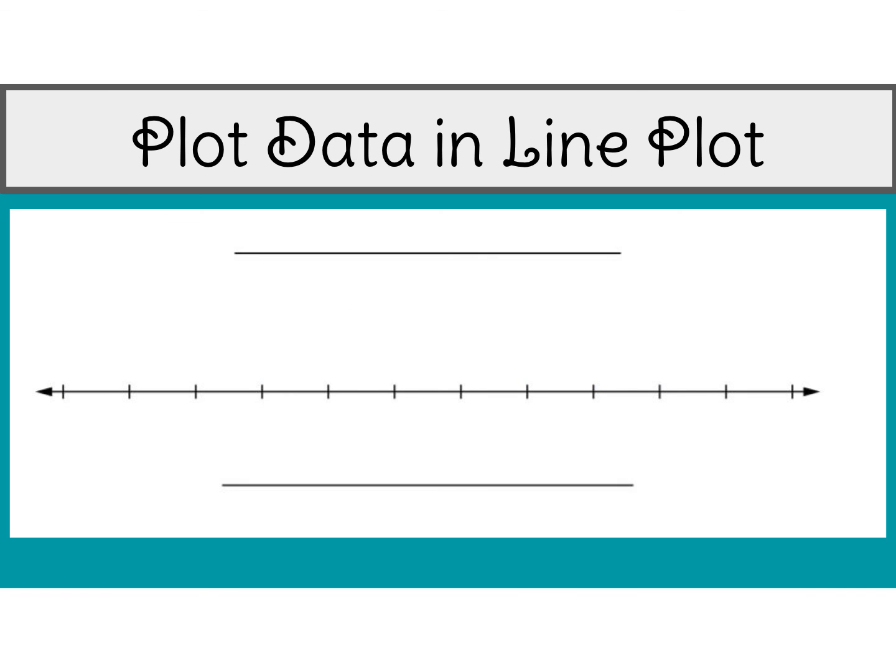So some reminders when working with line plots. We need to make sure that we have a title for the line plot. Since this is going to be insect data or insect measurements or insect length, you're going to come up with your title.